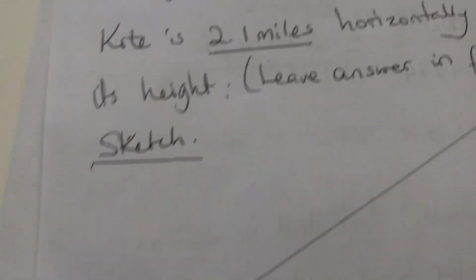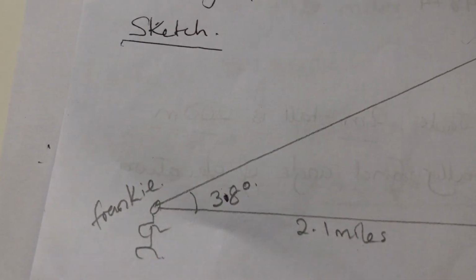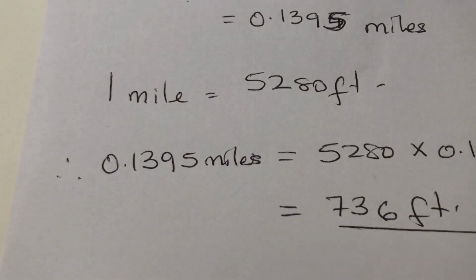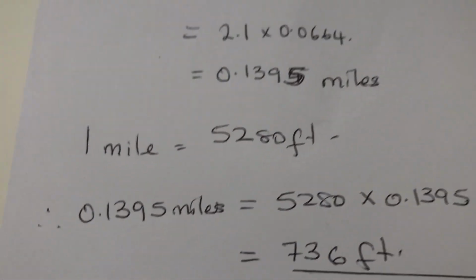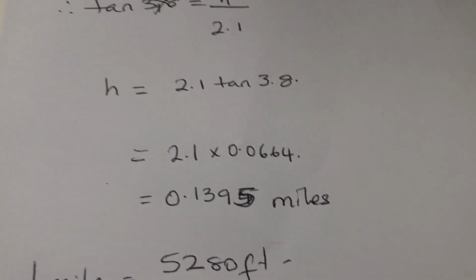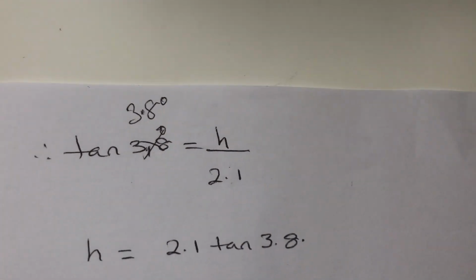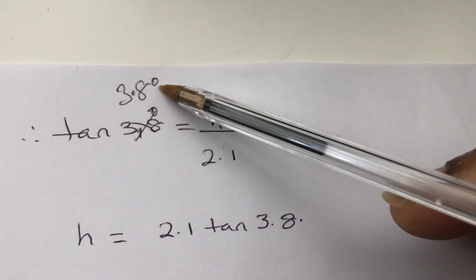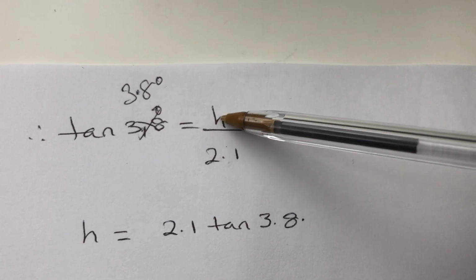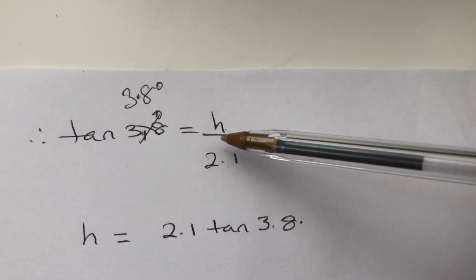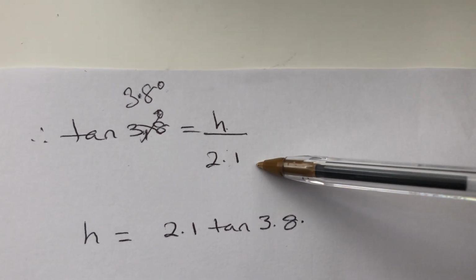I sketched it and put in the wrong angle, but I used the right angle to solve. So tan 3.8 equals the height over 2.1.